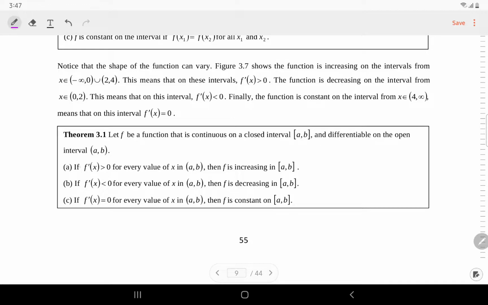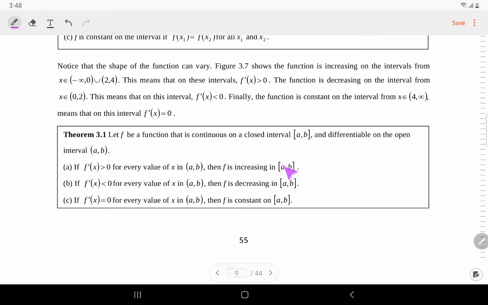The first one is, if f prime x is more than 0, meaning that you need to differentiate the function and then insert a certain value x, where the value x must be between a and b. So calculate, and if you get a value more than 0, it means that the function is increasing at that interval.